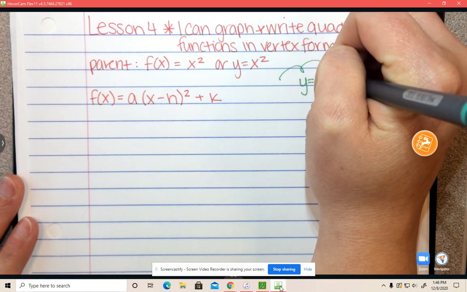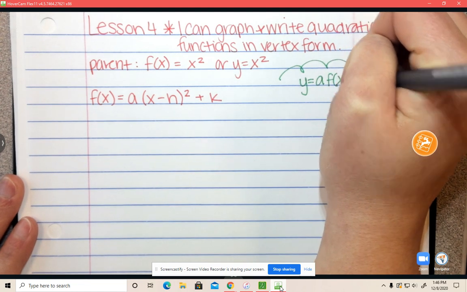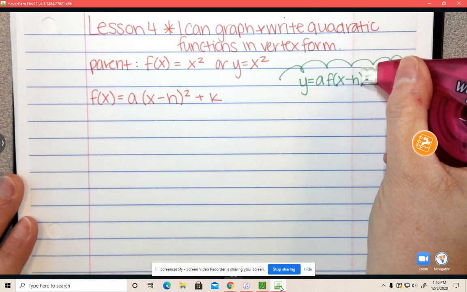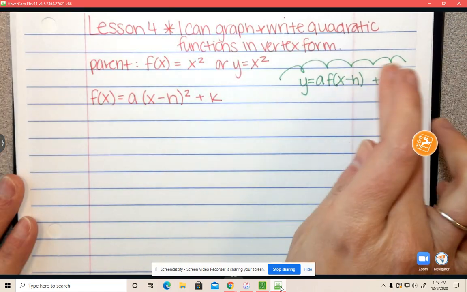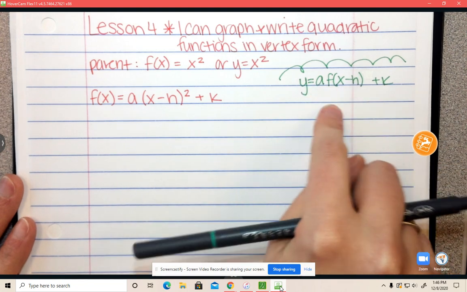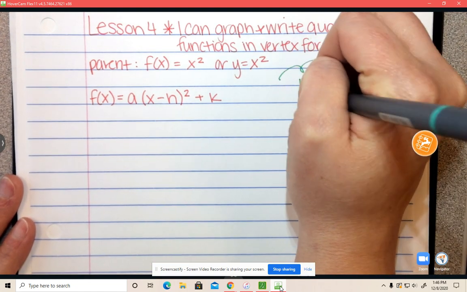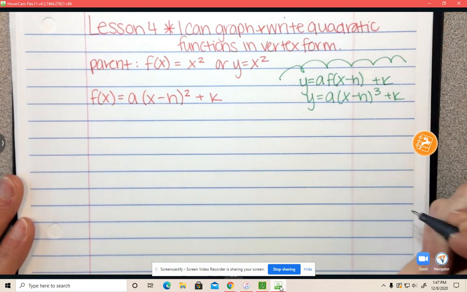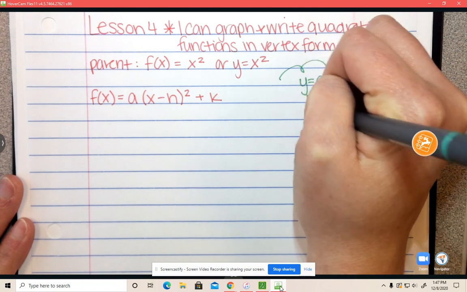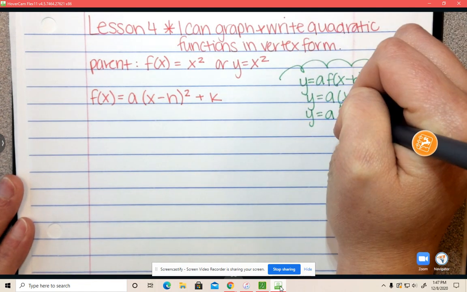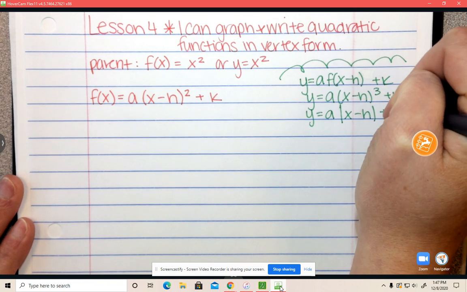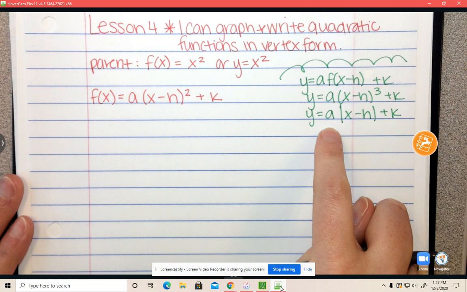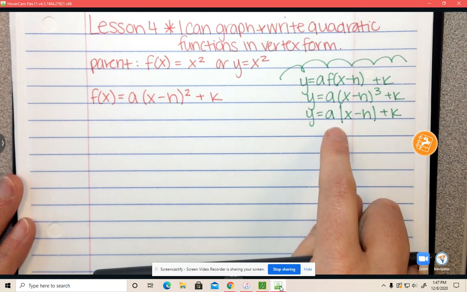So y equals a times the function of x minus h, plus k. And I'm sorry, that's squared. Didn't need to be there. So you can put all kinds of different functions in this same form. Look, we could do a cubic. So y equals a times x minus h cubed plus k. You could do absolute value. Y equals a times the absolute value of x minus h plus k. That should look familiar because we looked at that back in Unit 1 or 2, I think.